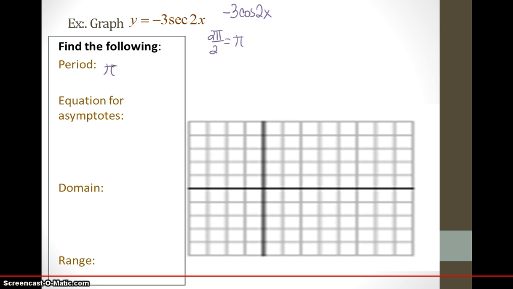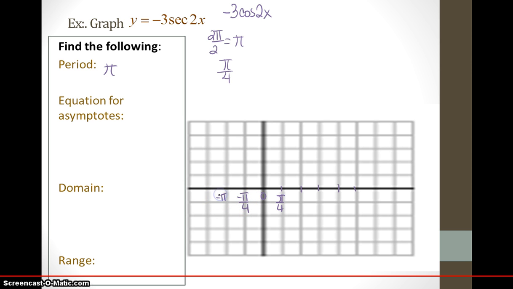Okay. What we want to do first is graph this cosine function that we have. So we need to find what the marks on the x-axis are. So we're going to take pi and divide it by 4. So now what we know is all our tick marks on our x-axis are going to be pi over 4. So pi over 4, 0 of course, negative pi over 4.